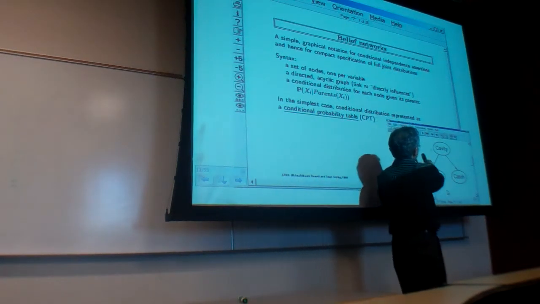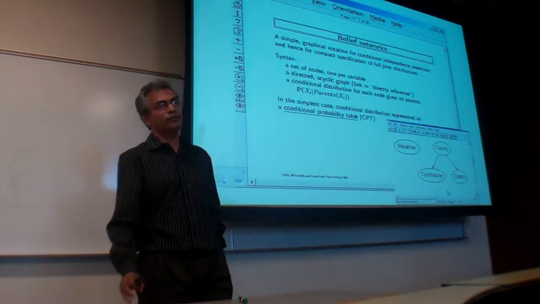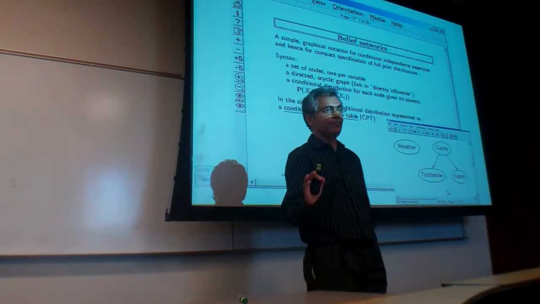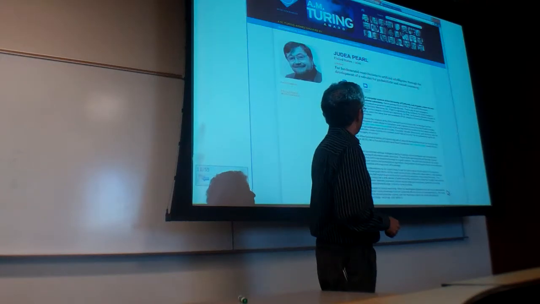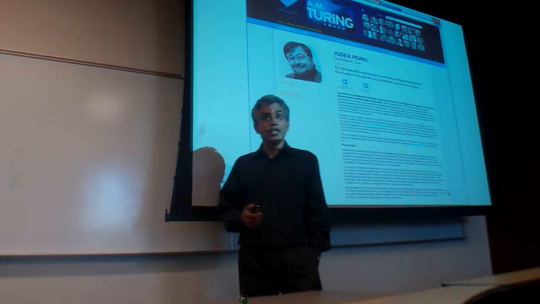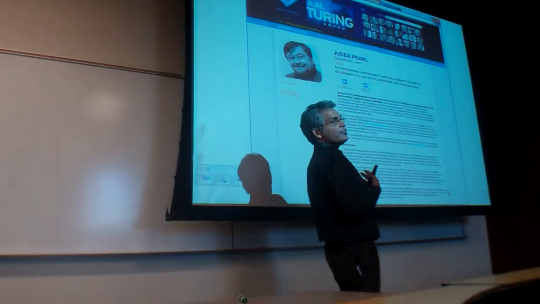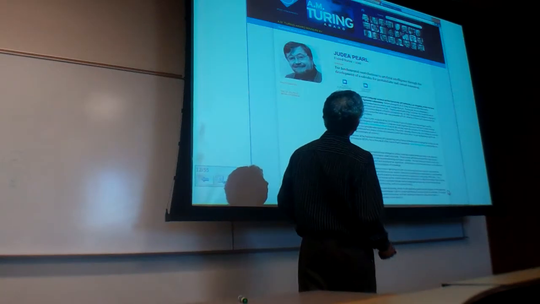So this particular graphical model is called a Bayes network. It wasn't invented by Reverend Bayes. It was actually invented by Judea Pearl, and it was a big enough thing that he got the Turing Award last year, essentially for that.